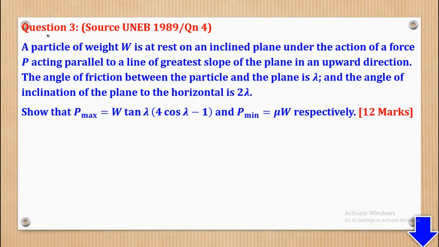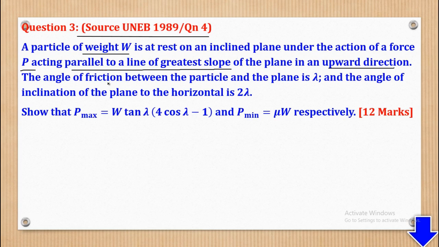Now we shall go to question 3, which came from UNEB 1989, paper 2, question 4, and says a particle of weight W is at rest on an inclined plane under the action of a force P acting parallel to the line of greatest slope of the plane in an upward direction. Know that word upward direction and parallel.